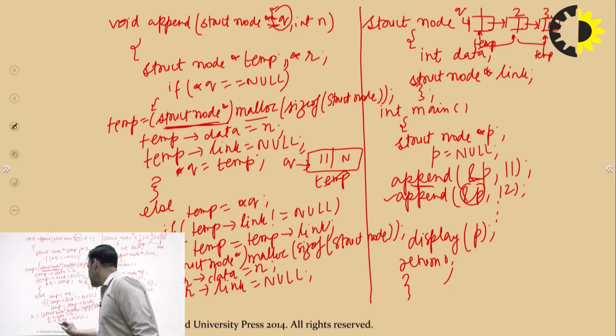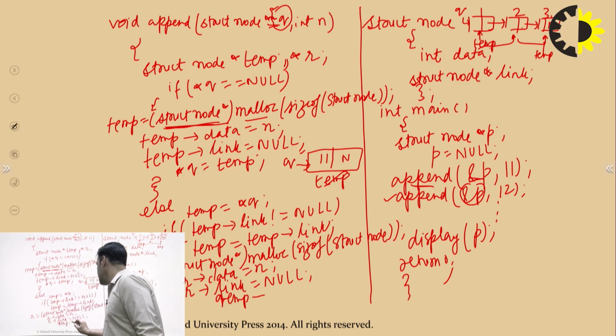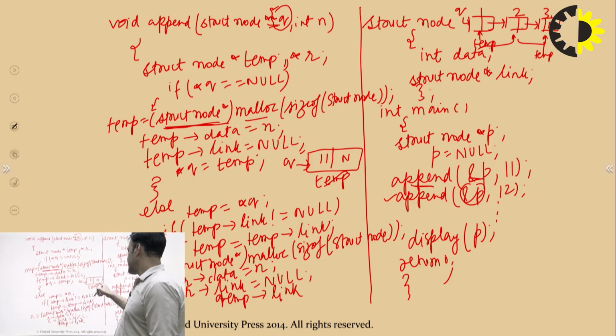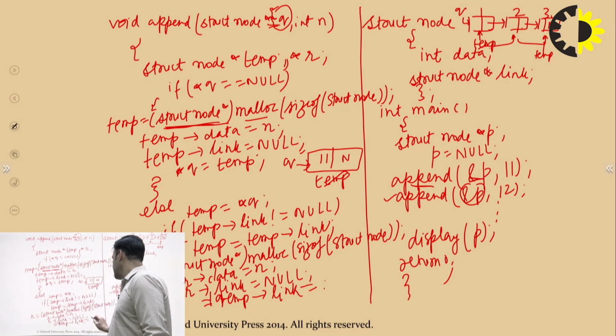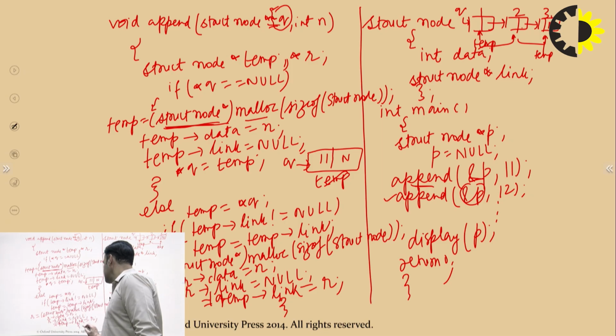So the value of r will come into temp's link part, right? Value of r here, and we will close the loop.